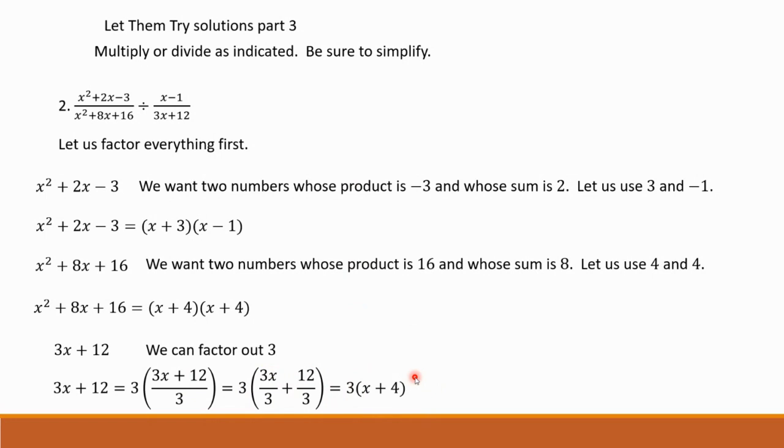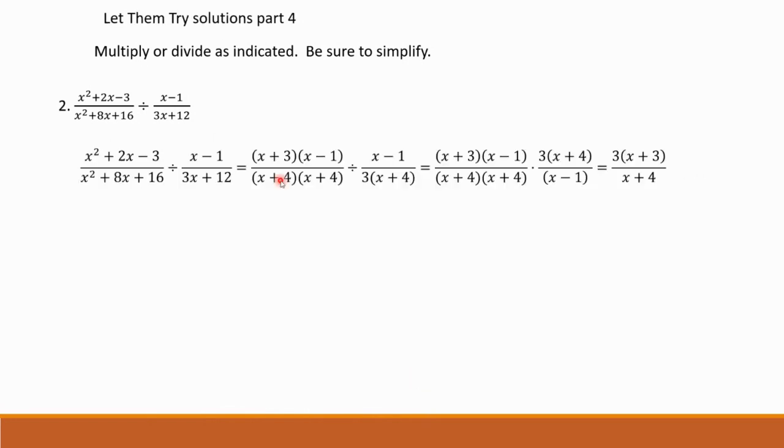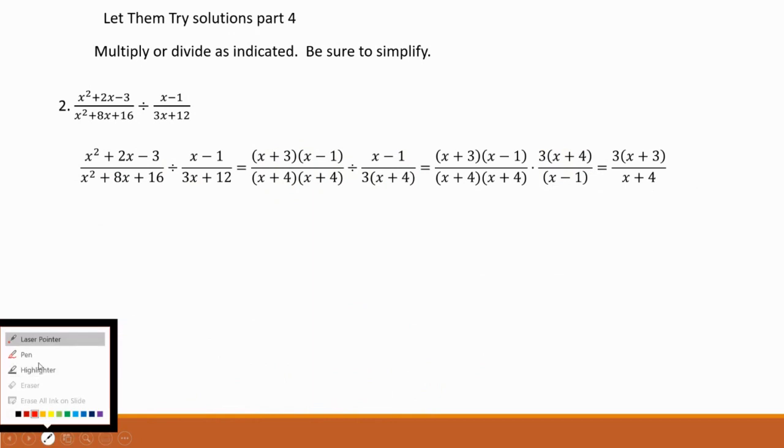All right, everything's factored. Let's put it in. As you can see, we do that, right? And that means we factored each polynomial as on the previous slide. We flip the second and then we multiply. Now, basically here, I didn't show every step, but hopefully you can still see what's going to happen.